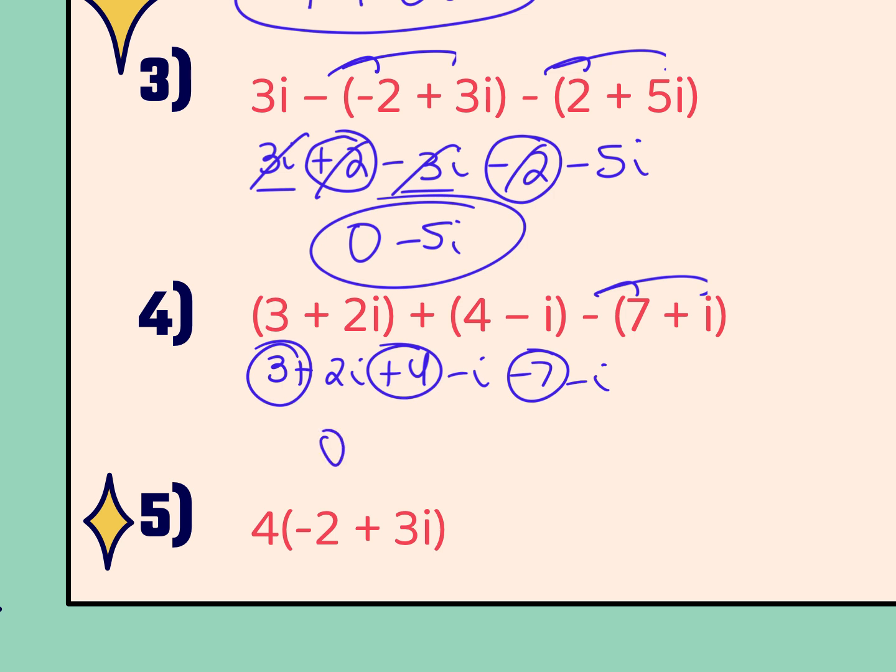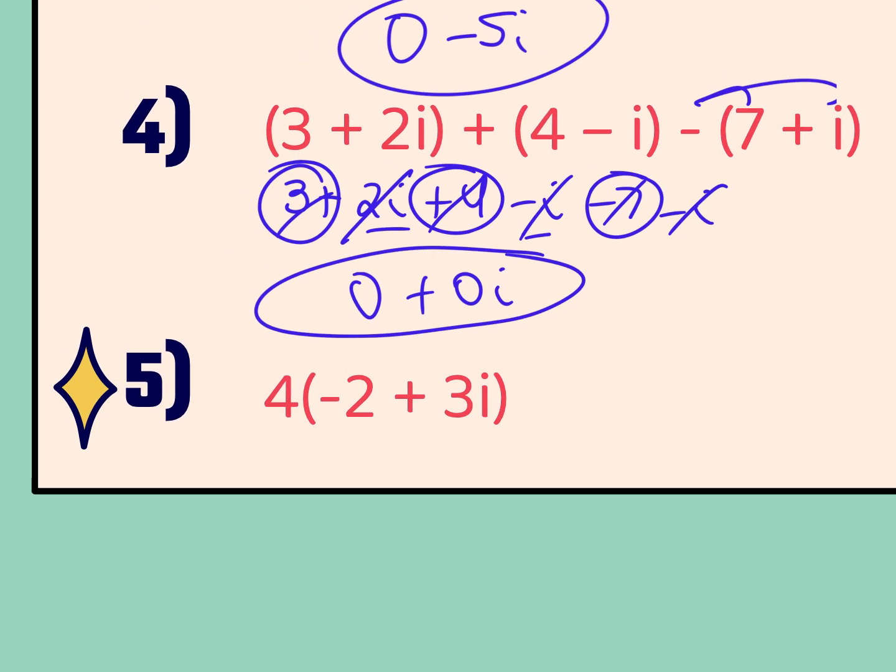It's 0, okay? What's 2i minus i? And minus i. It cancels. So everything just cancels. Your answer here is 0, guys, but if they ask you to write it in complex standard form, you have to make sure that you have something for the real part, something for the imaginary. Just showing you.